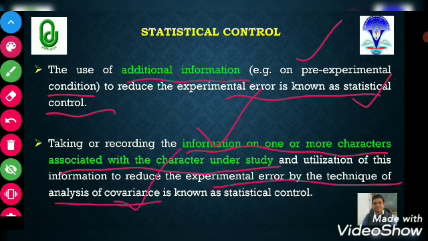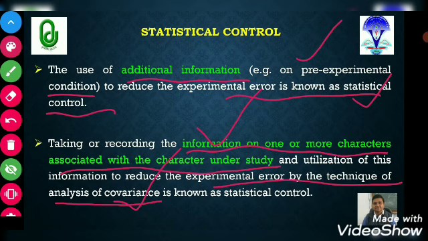You will come to know about this in the later classes. This analysis of covariance helps in the reduction of experimental error, and that is called statistical control. That means with a certain statistical method you are controlling the error.